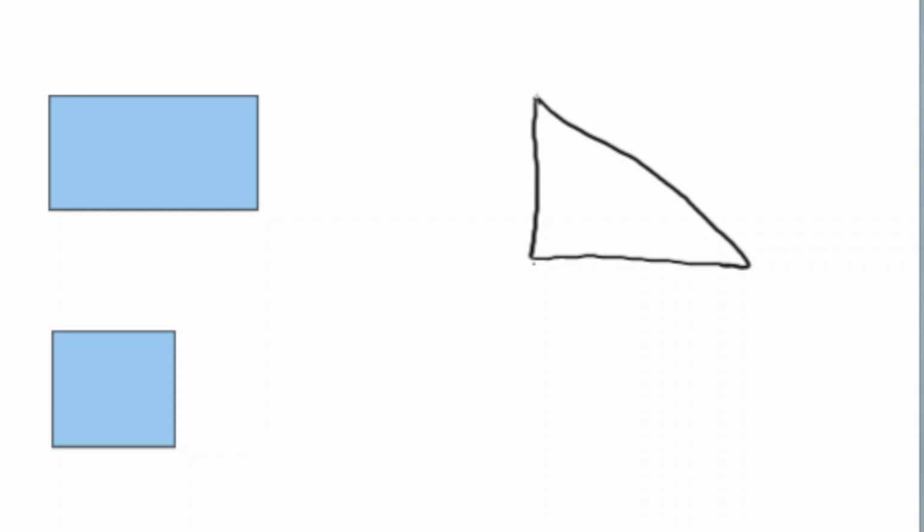So let's say this is 3 meters, this is 7 meters, this is 4 meters, and this is 4 meters. This is 4 meters, and then this is 6 meters.